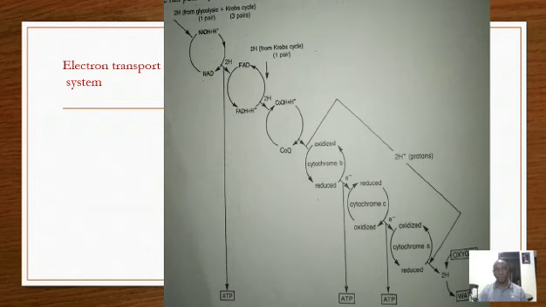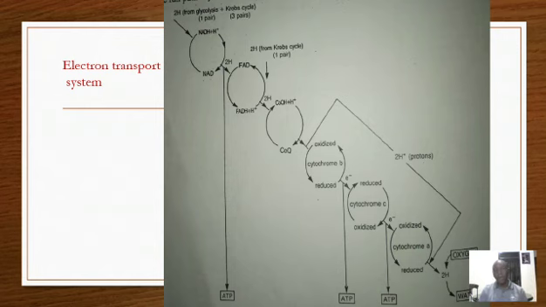I repeat, I rewind. NADH2, nicotinamide adenine dinucleotide, reduced NADH2 from glycolysis and from the Krebs cycle, loses its hydrogen atoms, passing them on to FAD, regenerating the NAD to transport more hydrogen atoms.